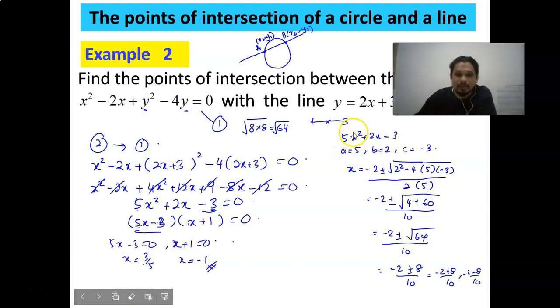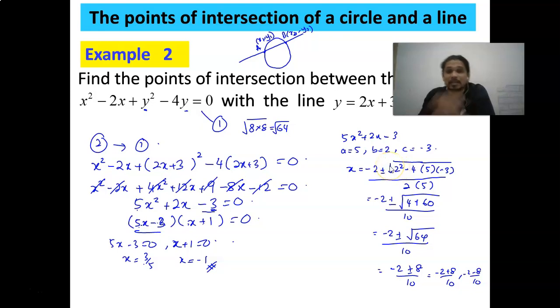In this video you may compare which method is suitable for you. Class, if this kind of question appears, you may have in your mind, why don't we just use the calculator to straightaway get the answer? Yes, in matriculation or PSPM, we are not bothered about the final answer.